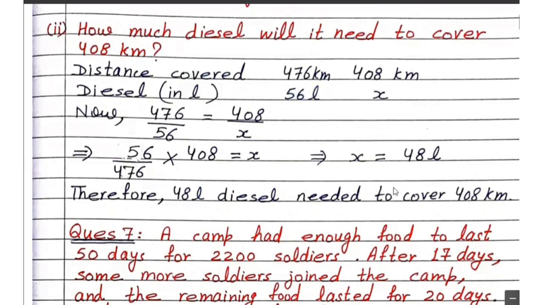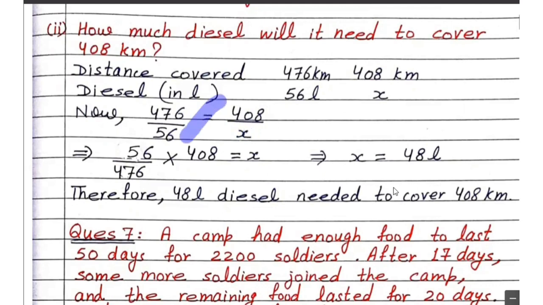Now when the distance covered is 408 kilometer, let the diesel be X liter, right? So now 476 upon 56 is equal to 408 upon X.